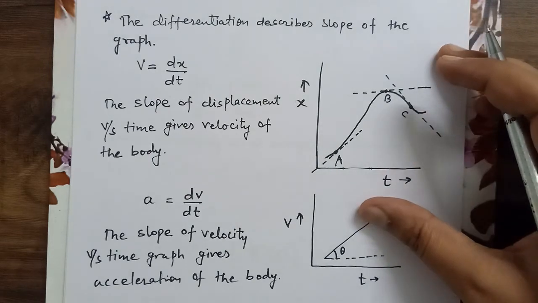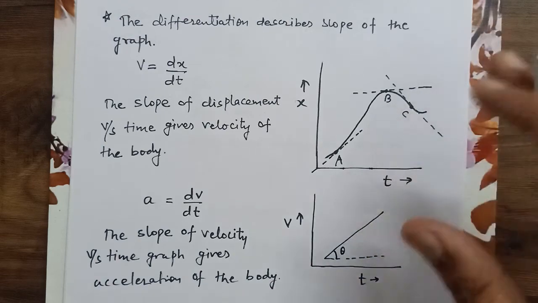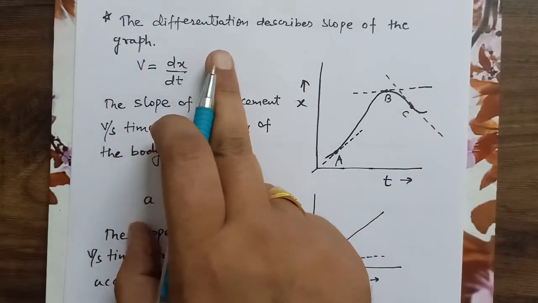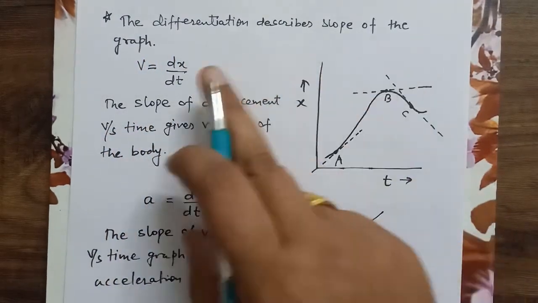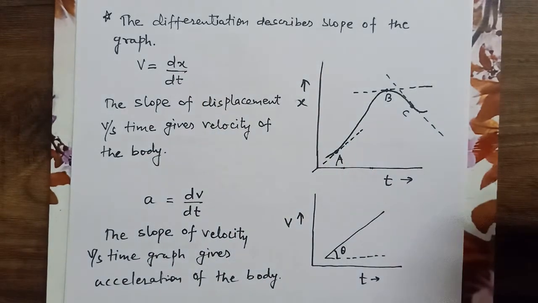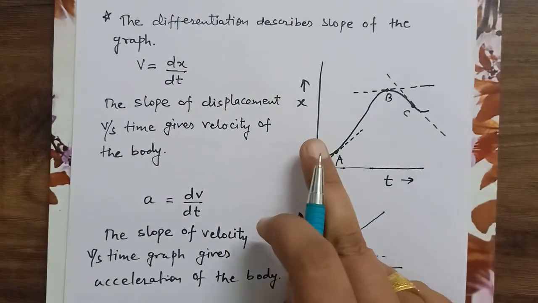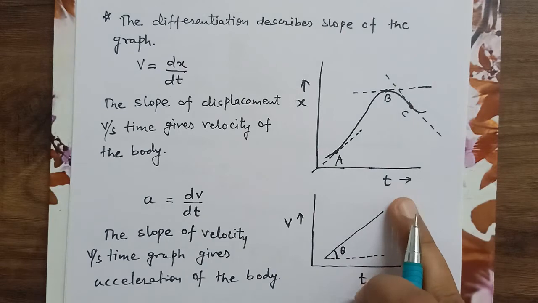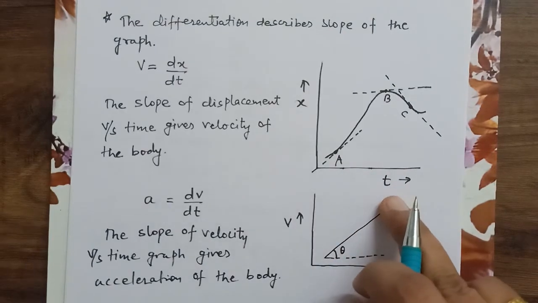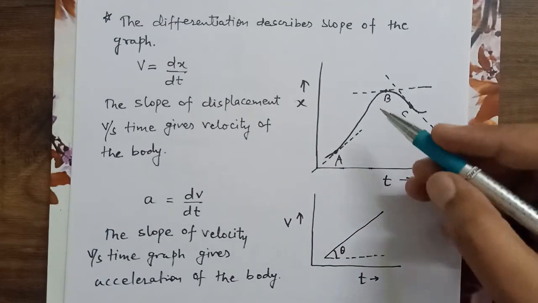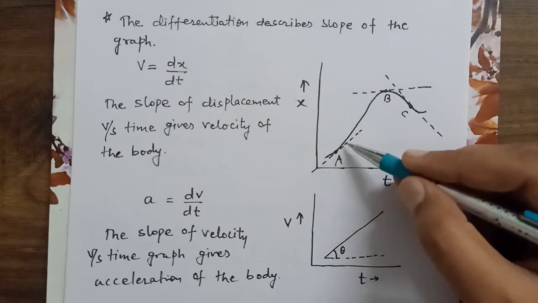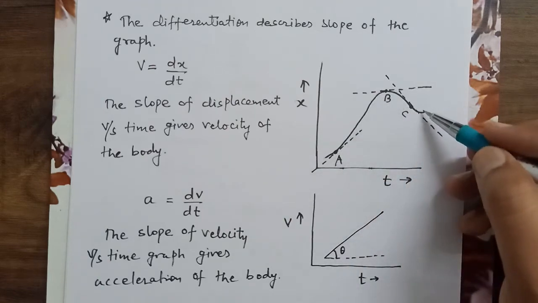Now here we are going to discuss the final part of the video, that is, how graphically we use differentiation and integration. You can see that differentiation describes the slope of the graph. How do we take a slope? This graph is between displacement and time, and it is a curved graph.